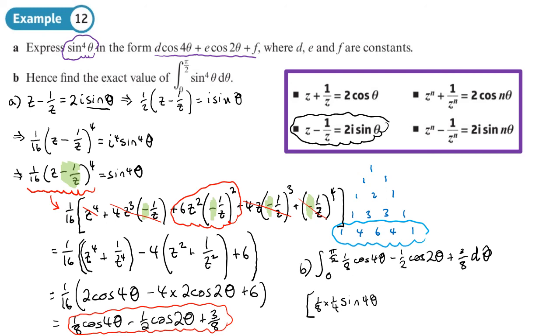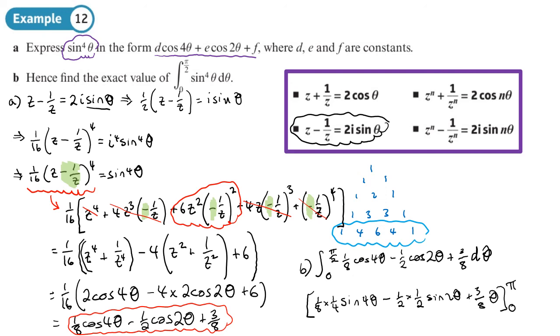The next term will become a half divided by 2, or times a half, sine 2 theta. And then the 3 over 8 will just become plus 3 over 8 theta.